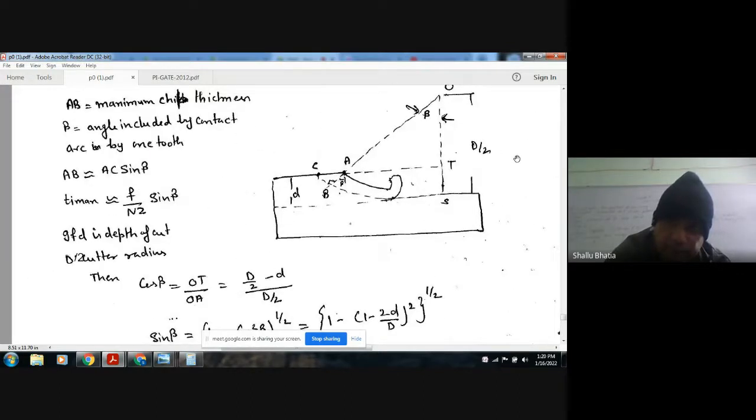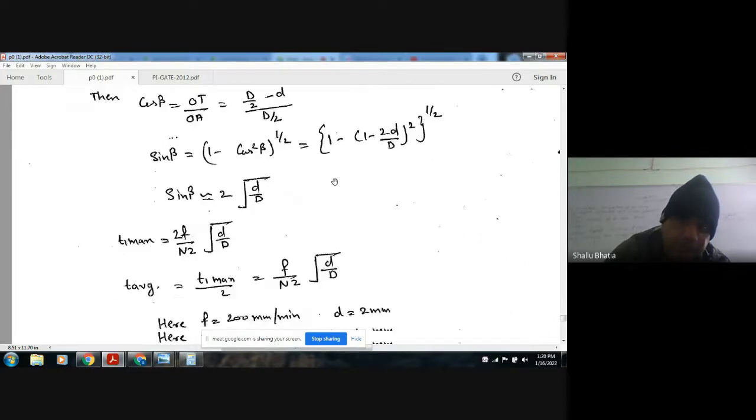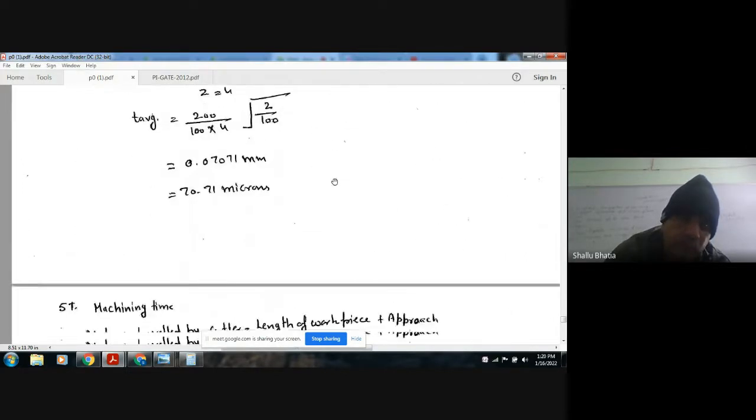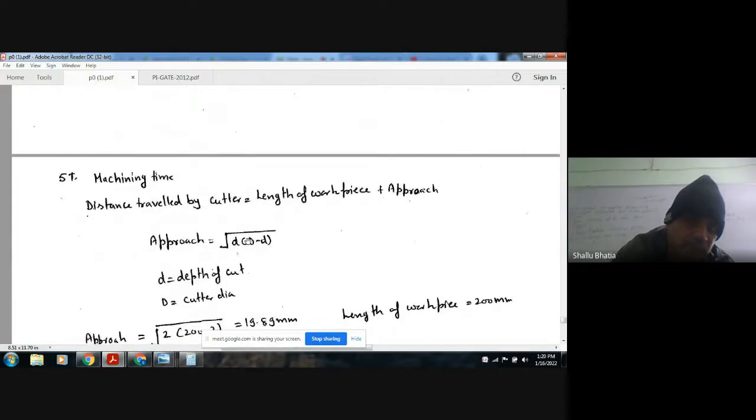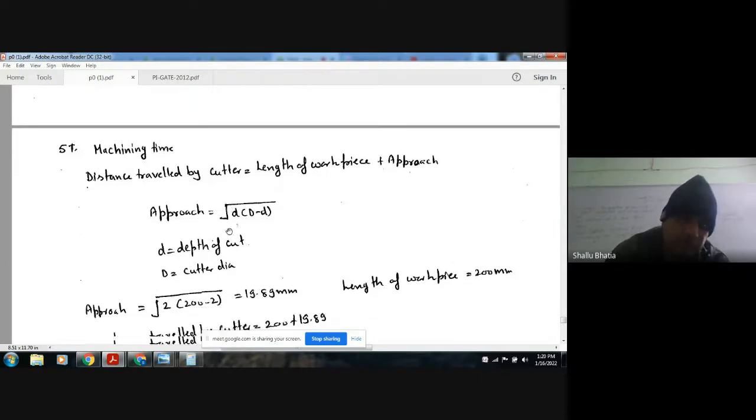if we start machining from here, then the cutter has to approach the workpiece by some distance. So the approach distance will be here. Remember the formula for approach, the square root of d(D minus d), that we have derived in previous papers also. So approach is just this.